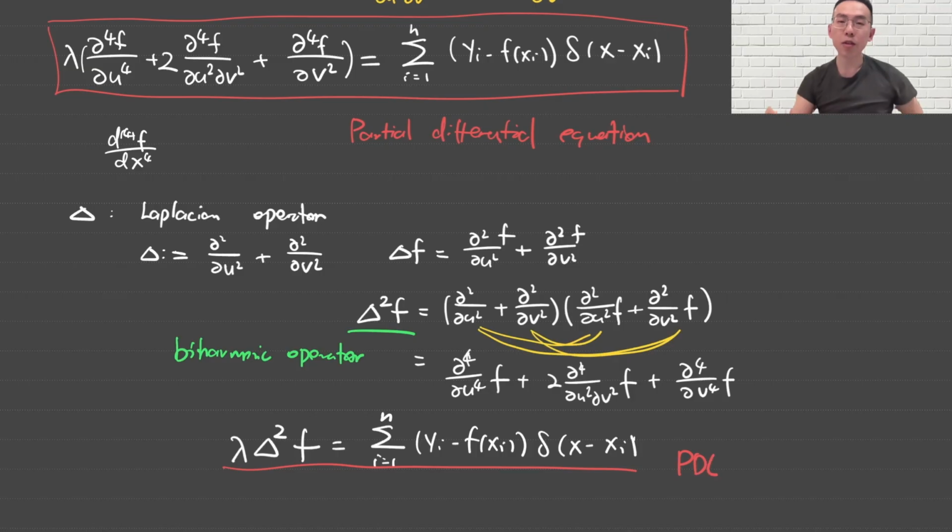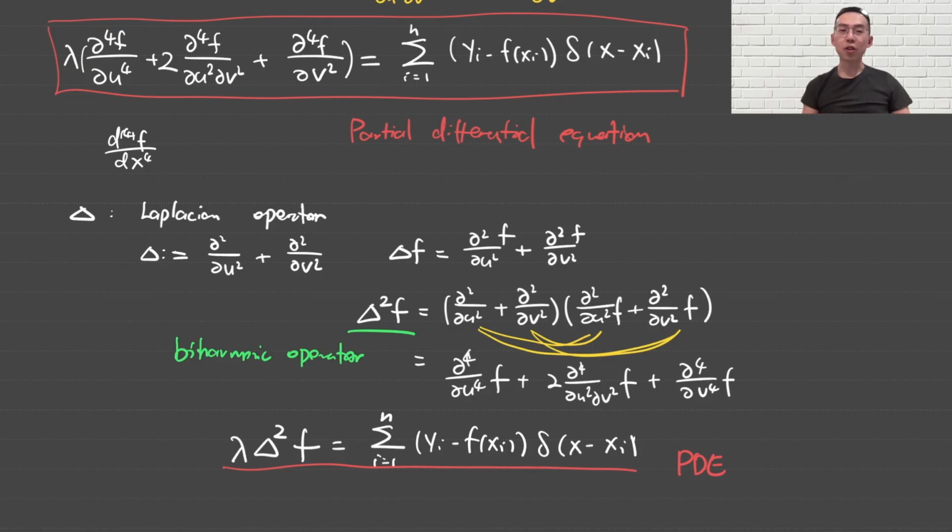We need to solve this to get the kernel function. Okay, so maybe for the next part of the video, let's just analyze the solution function f(x) first, and then show how to convert it into a solvable linear system.